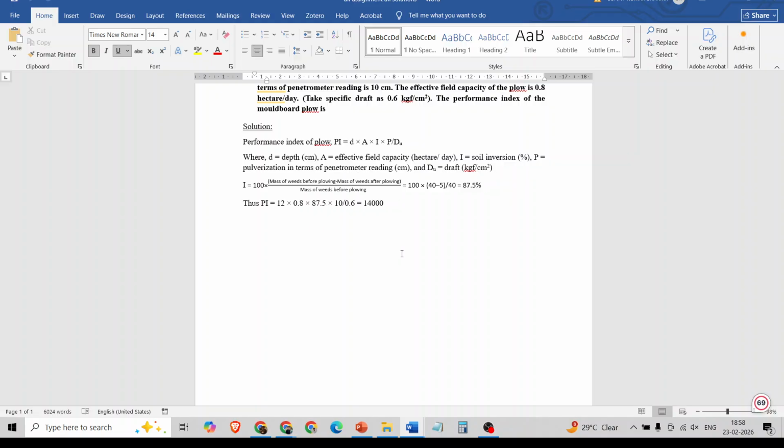It is coming around 17,000. I'm recalculating it. 12 into 0.8 is the effective area, into 35 by 40 into 100, and d into P is 10 by 0.6.